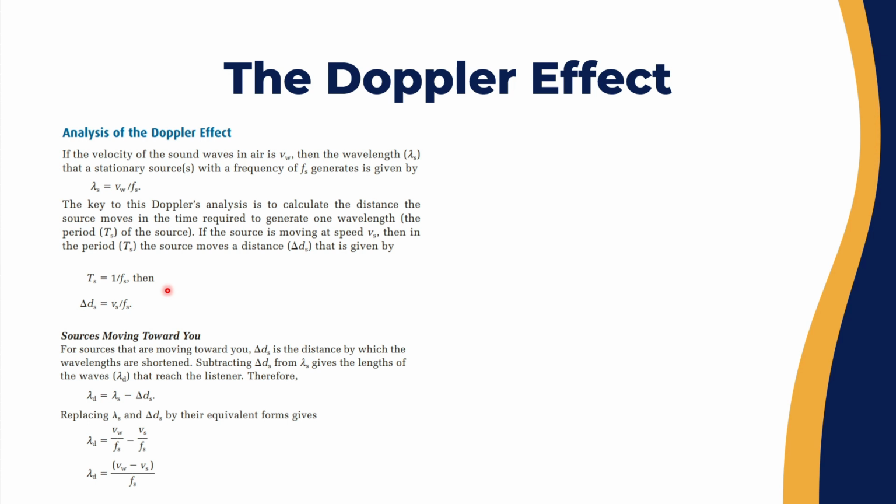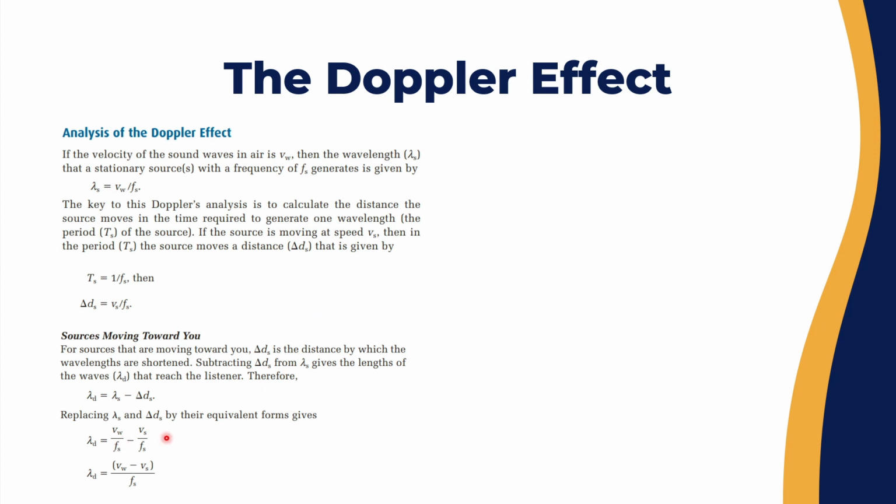When the source is moving towards you, delta ds is the distance by which the wavelengths are shortened. Subtracting delta ds from lambda s would give you the length of the waves lambda d. That is the length of the wave that reached the listener. So therefore, lambda d equals lambda s minus delta ds.